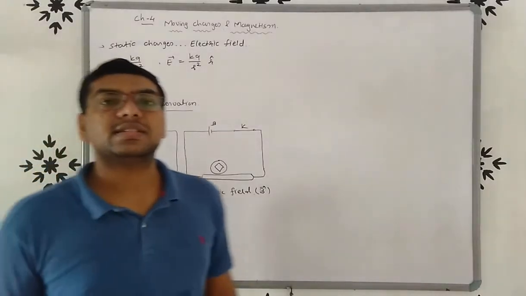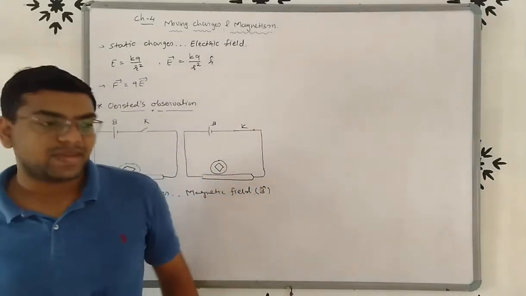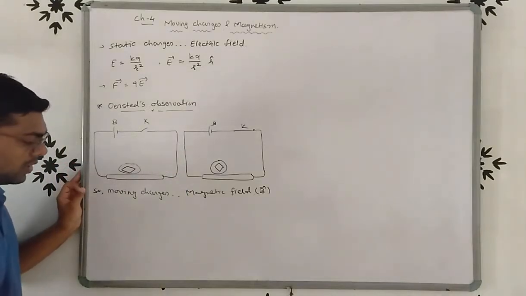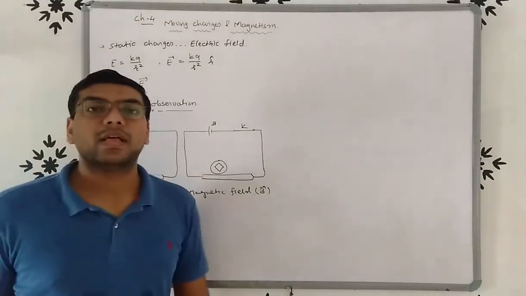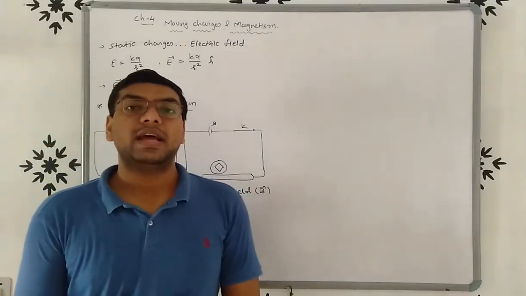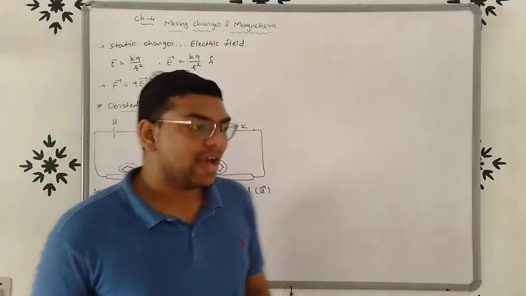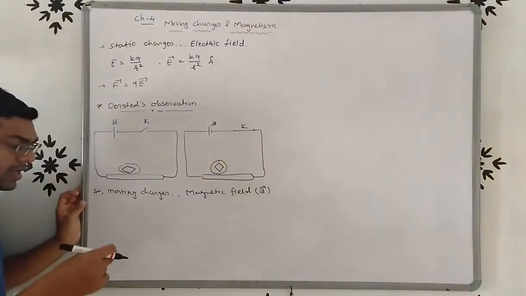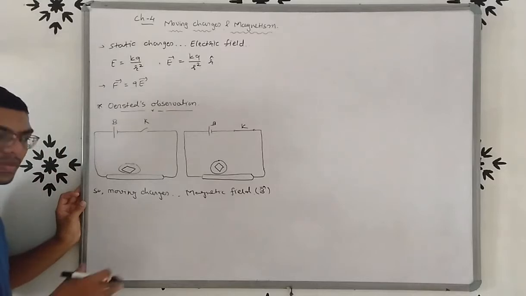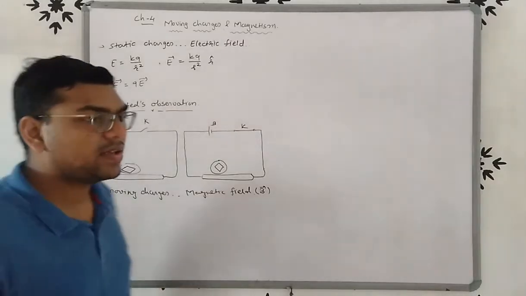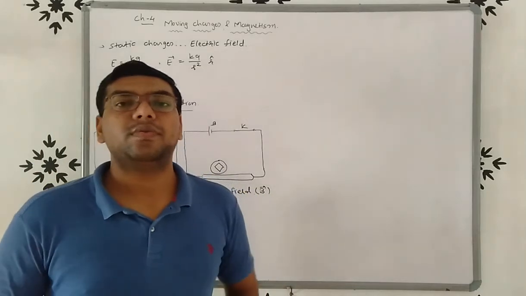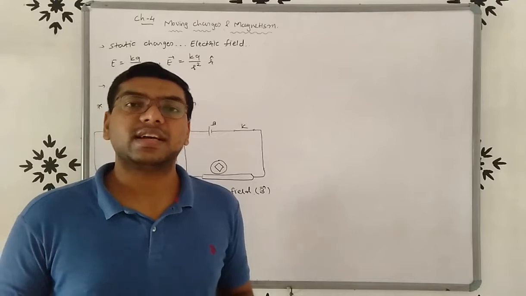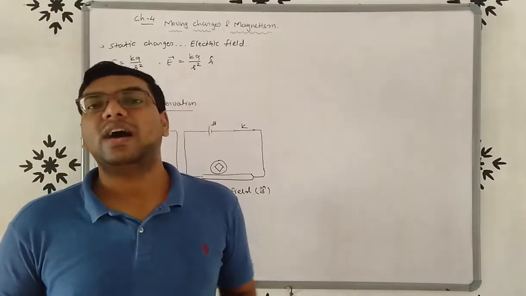Now we will discuss another experiment. There is a conducting wire, and this conducting wire is placed like this inside the plane, and in the second case it is placed outside the plane, or we can say the current will be inward and outward.